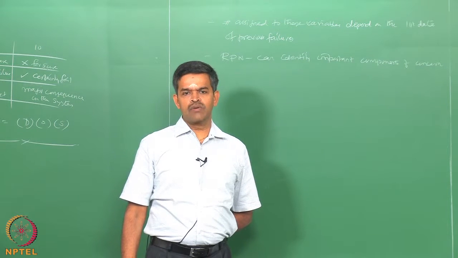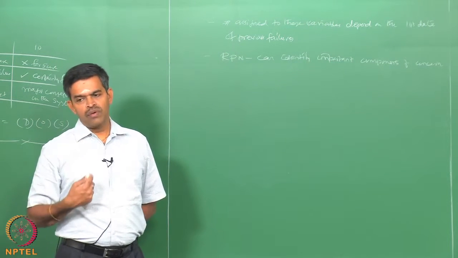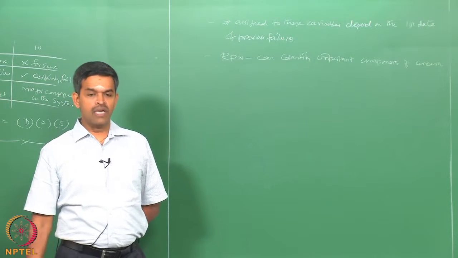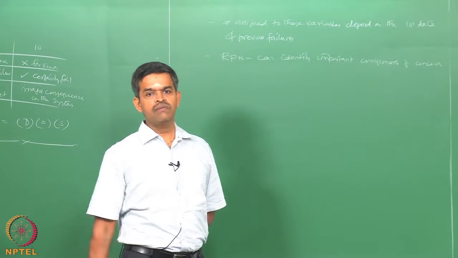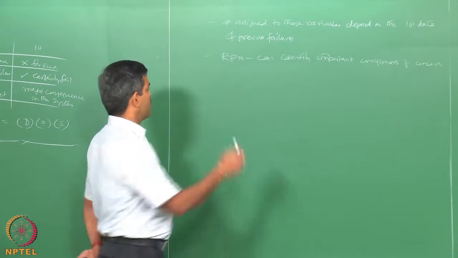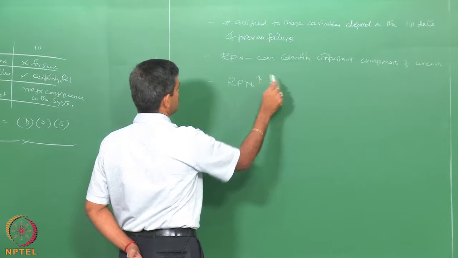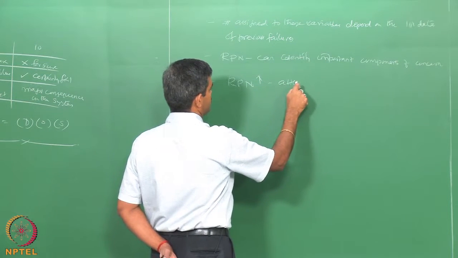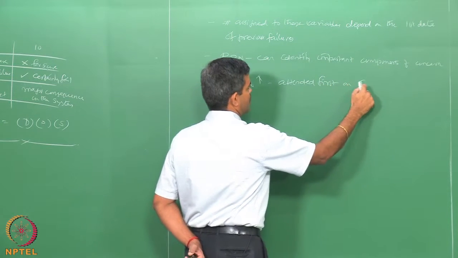Risk priority number actually assigns the risk also in descending order, that is the highest risk priority number should be accounted for the first attention to be focused on emergency front. So, the risk priority number whose value is very high should be attended first on emergency front.